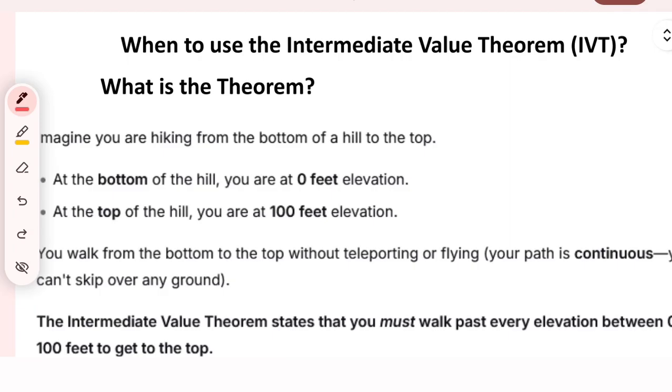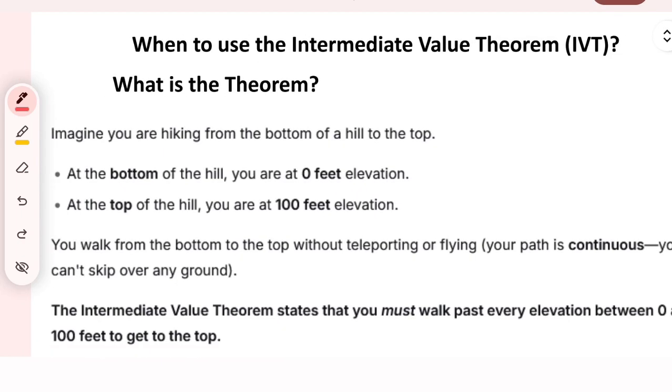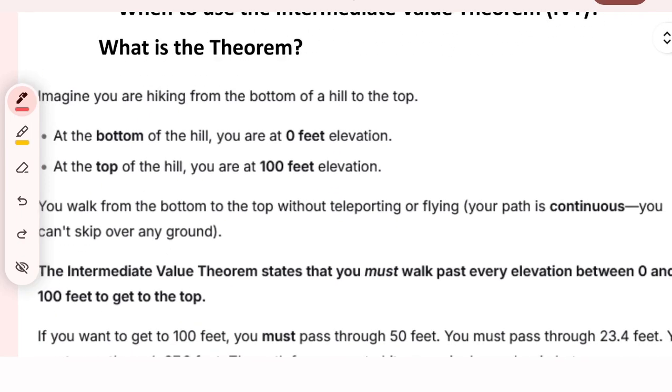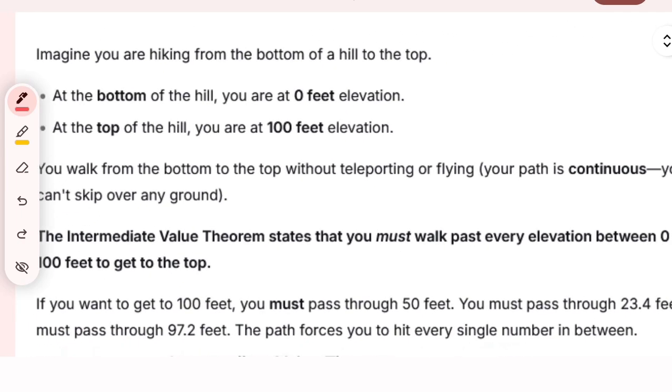Imagine you are hiking from the bottom of a hill to the top. You start from the bottom of the hill and go to the top. At the bottom of the hill, you are at 0 feet elevation.